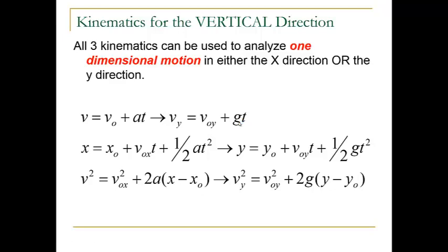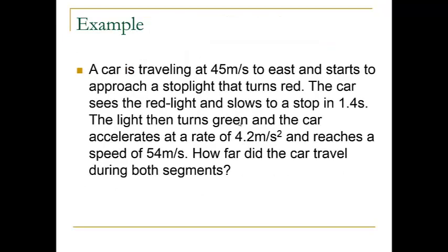So instead of using A, we just put a generic G, because everything in the y direction is under the influence of gravity. Even if you're outside of Earth, you're still under the influence of somebody's gravity, for all of our problems. We're never going to do a problem where there's no gravity at all. So you don't have to memorize these other equations. Just know that instead of X, it can be Y. Okay, that's it.